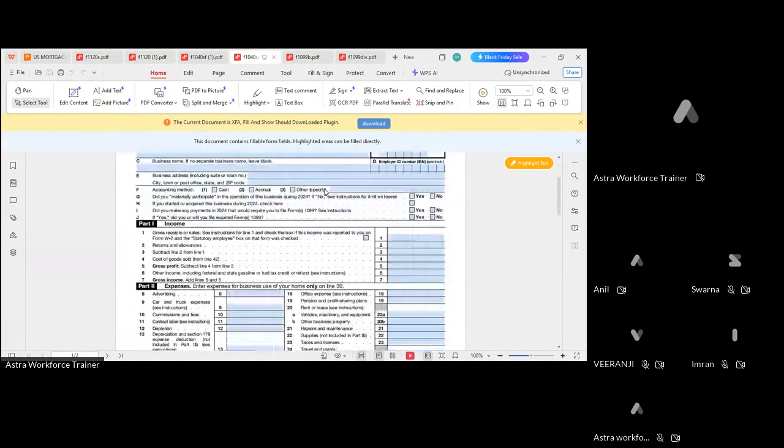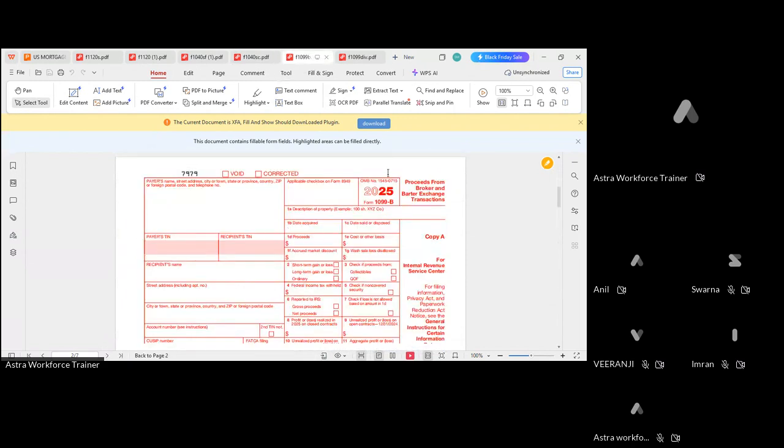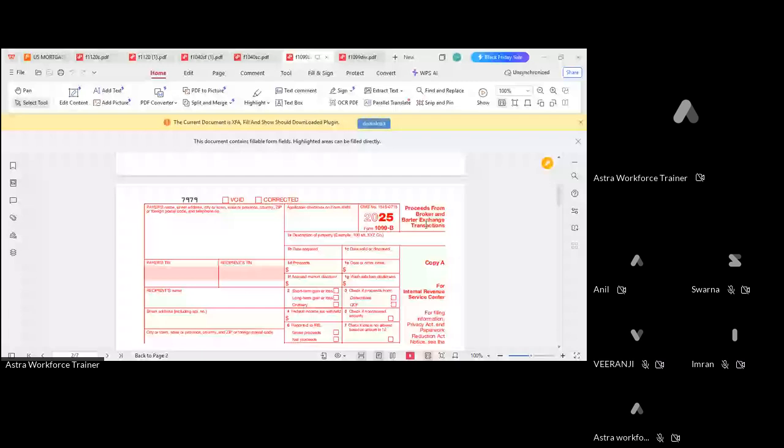You guys know we already discussed how to calculate everything. And this is for the 1099, broker compensation or broker and barter exchange transactions.